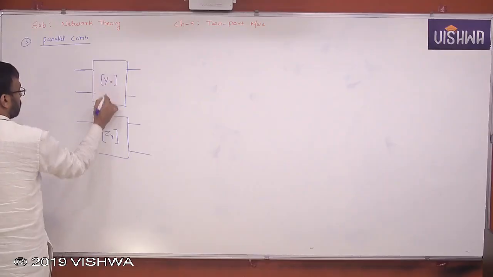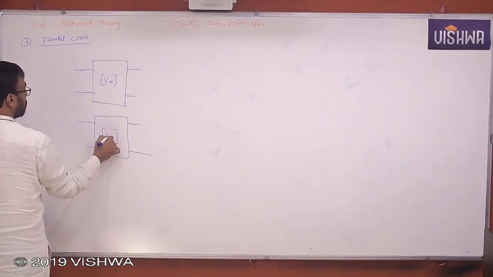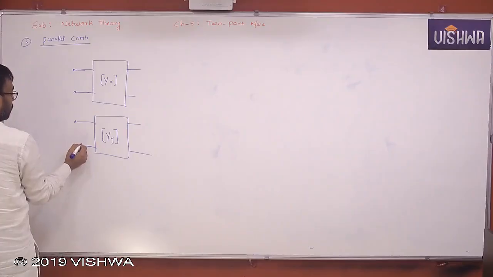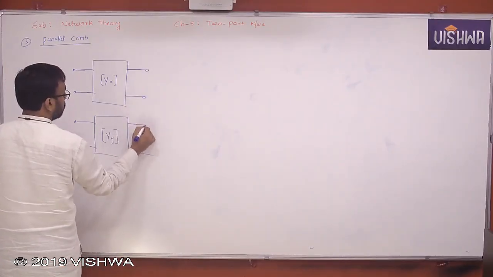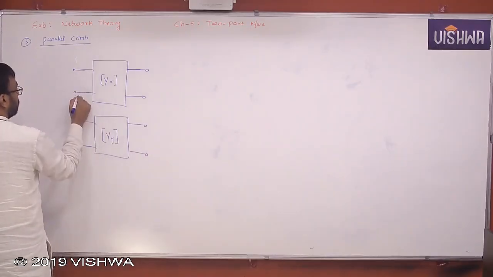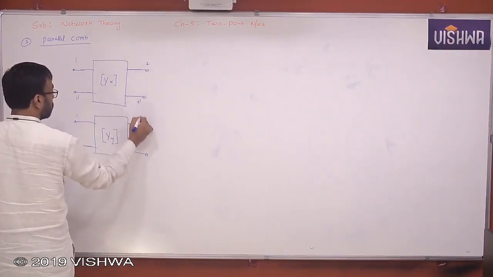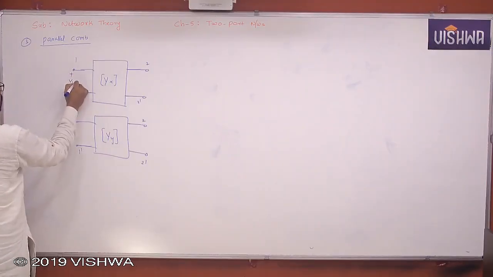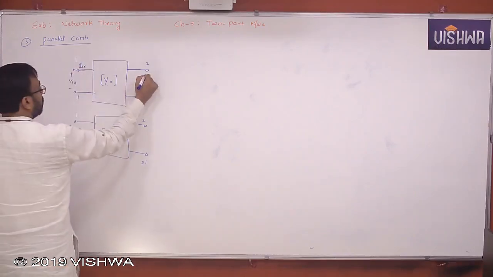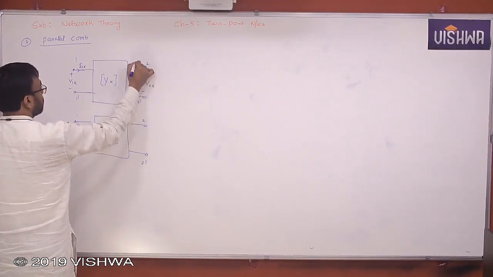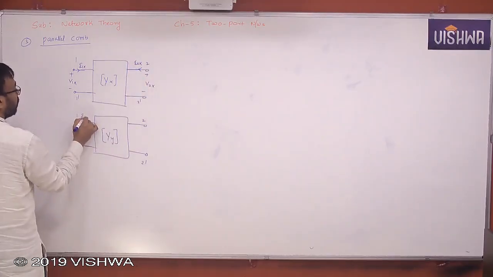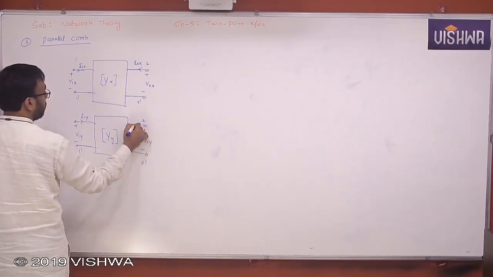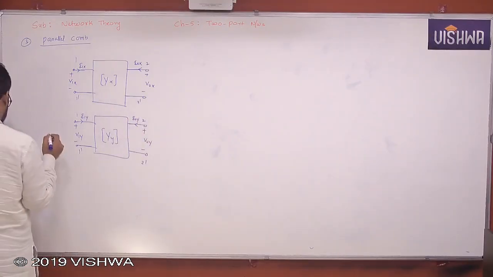It's always convenient when you deal with y parameters. Okay, so what is this? V1x, this is I1x. This is V2x and this is I2x. I1y, V1y, V2y, I2y.